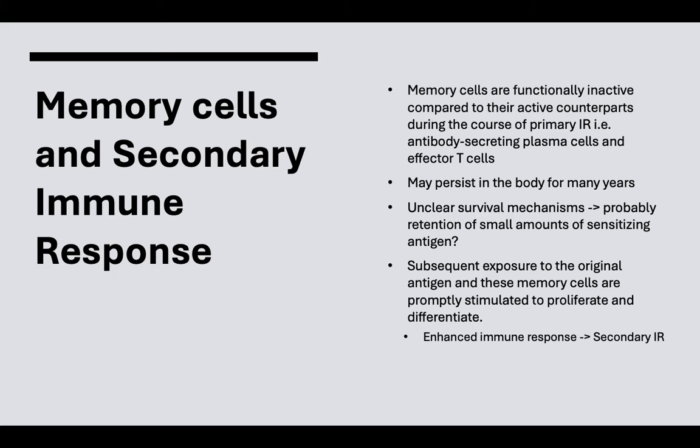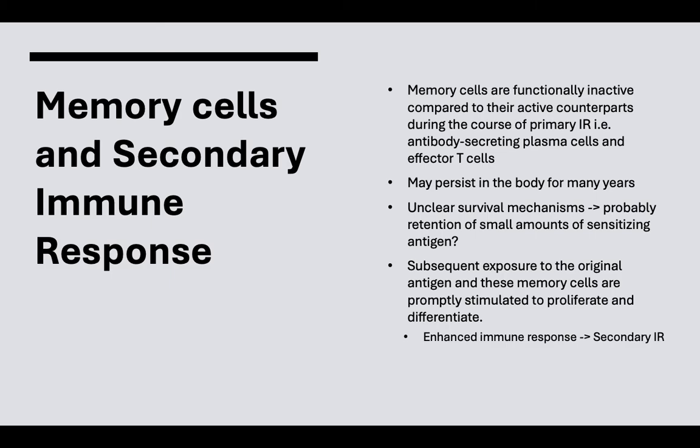But of course, that's not possible in a normal physiological state. The foreign antigen should not be present in any way. But what's being hypothesized is that there is a retention of small amounts of the sensitizing antigen within these memory B cells that help them justify the need to become memory cells specific to that antigen.